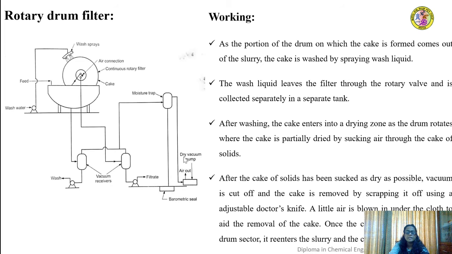Then the cake is removed by scraping it off using an adjustable doctor's knife. By the time the drum reaches this position, it will come into contact with a doctor's knife that will scrape off all the deposited solids. In that way, cake dislodging takes place automatically.